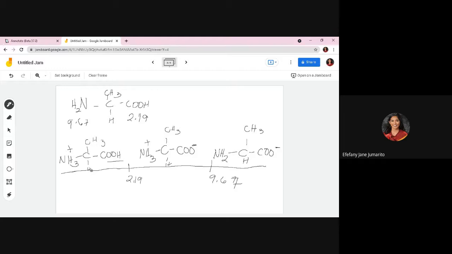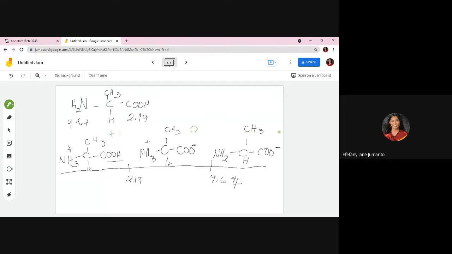Okay, so now let's go to the charges. What's the net charge here under acidic condition? Positive 1. Then here, what's the net charge? Zero, because positive plus negative is zero.